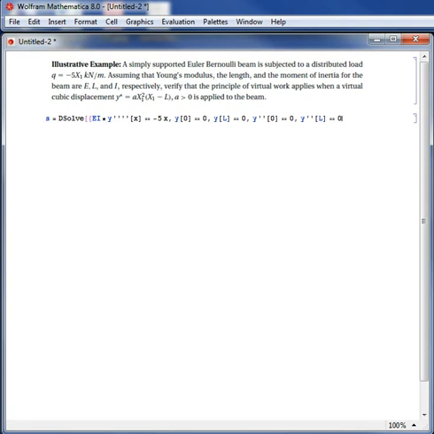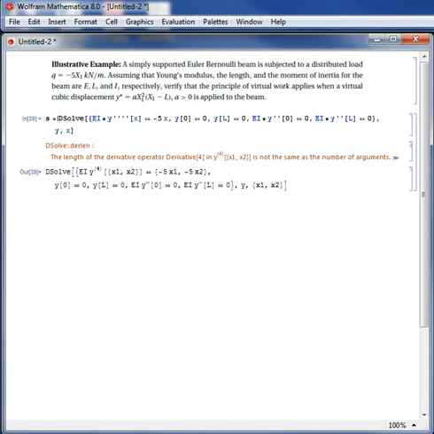And it doesn't really matter if I multiply by EI or not, because it's equal to 0 anyway, but just to be consistent, I'm going to multiply by EI. So these are the boundary conditions, 4 boundary conditions. I'm solving for y in terms of x. Shift enter.